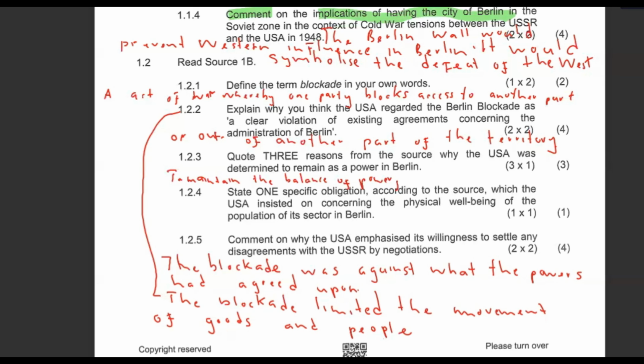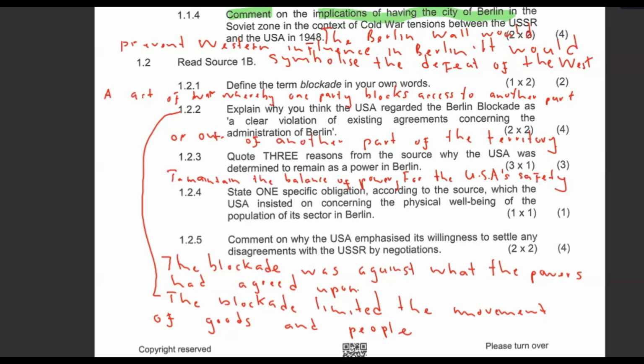Then you can also say that for its own safety, for the USA's safety, another reason was for the United States of America to be safe from any form of attack from the Soviet Union.